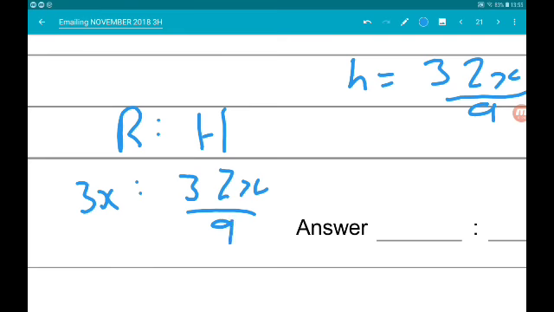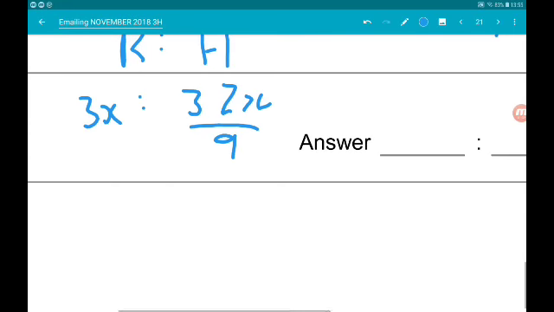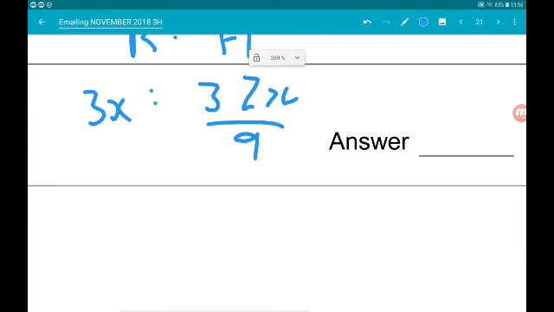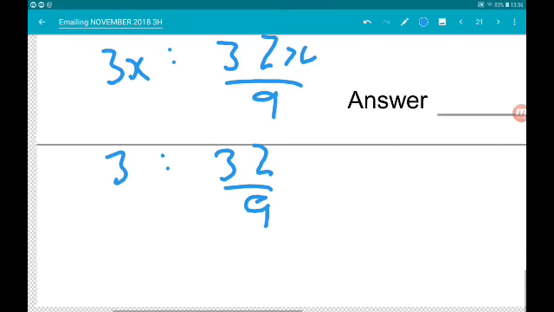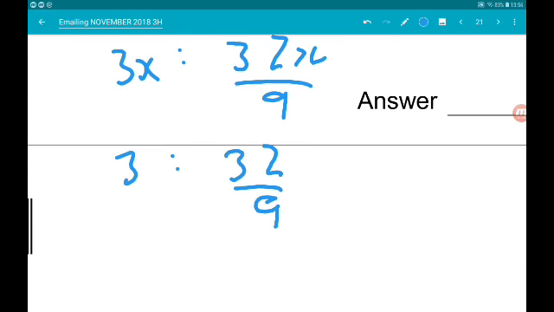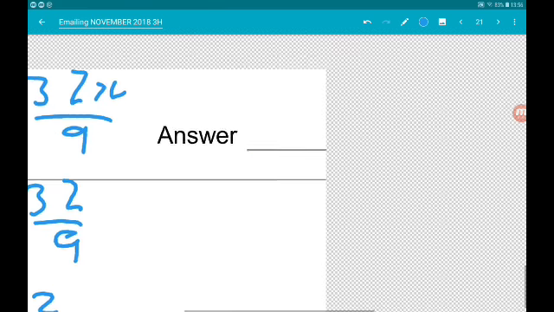So again, that's come from now that we know that h is 32x over 9. If we then divide both sides by x, we get 3 to 32 over 9, multiplied through by the 9 because we want integers, we get 27 to 32. Boom.